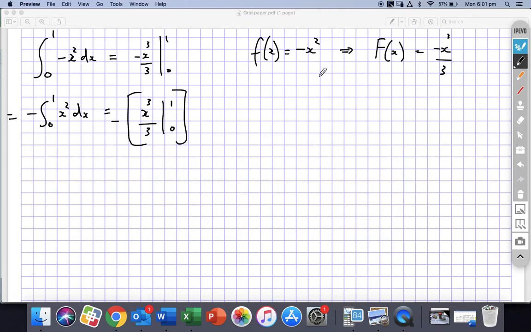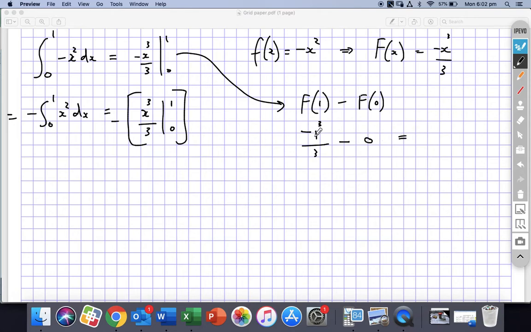So this integral will be F of 1 minus F of 0, which in our case would be minus 1 cubed on 3, minus 0 cubed on 3, which is just 0.